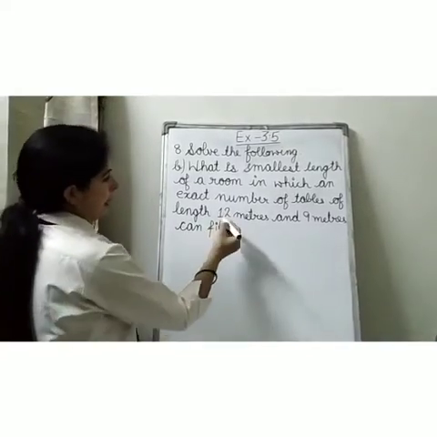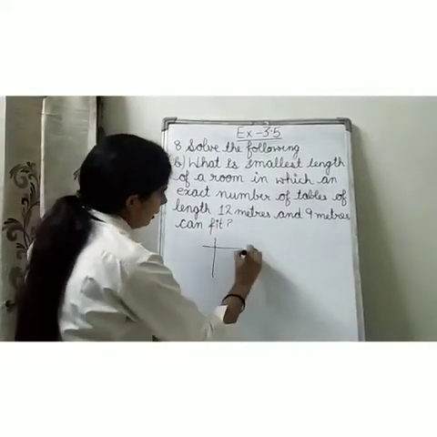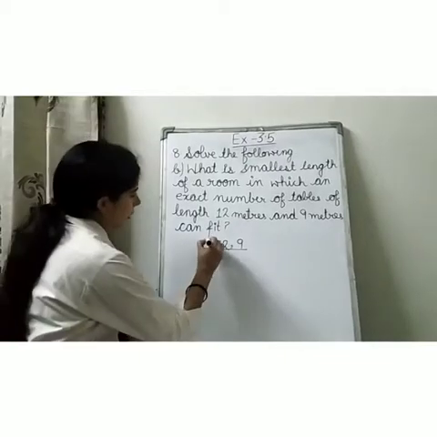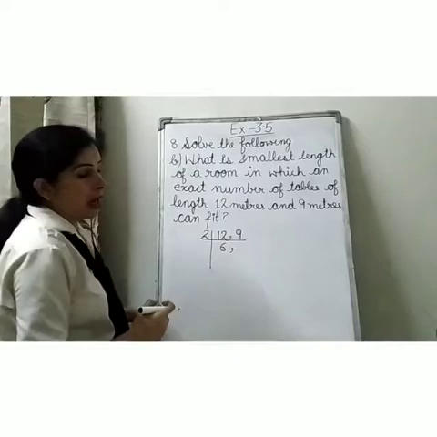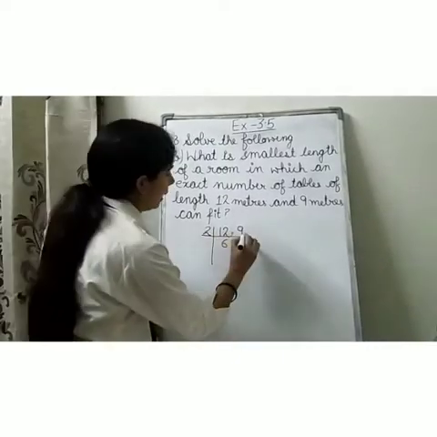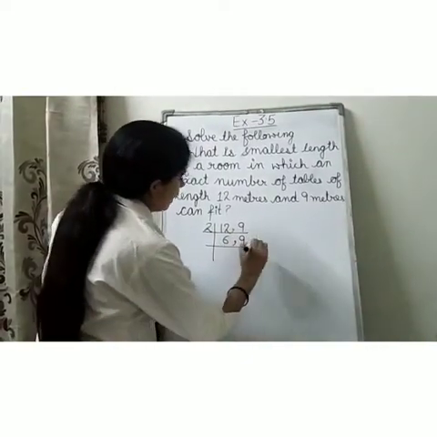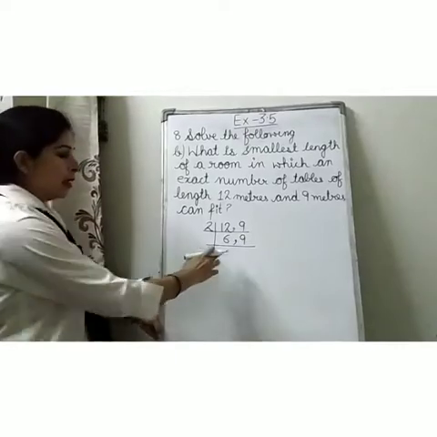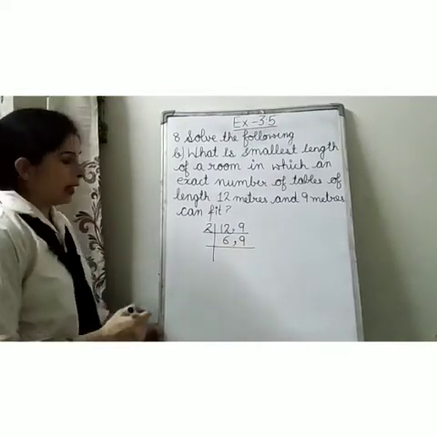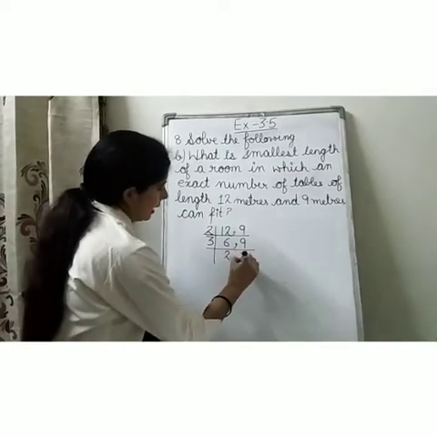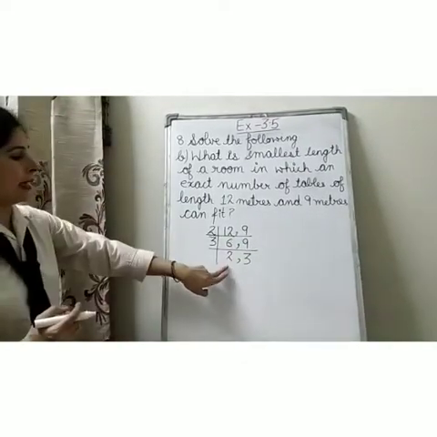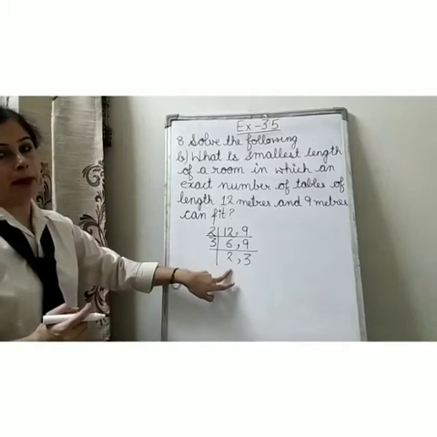We will find the LCM of 12 and 9 by the division method. First of all, we will divide by 2. 2 6s are 12. But 9 can't be divided by 2. So it will be 9 only. Our next prime number is 3. Both the numbers can be divided by 3. So write here 3. 3 2s are 6. 3 3s are 9. Now we get both the prime numbers.